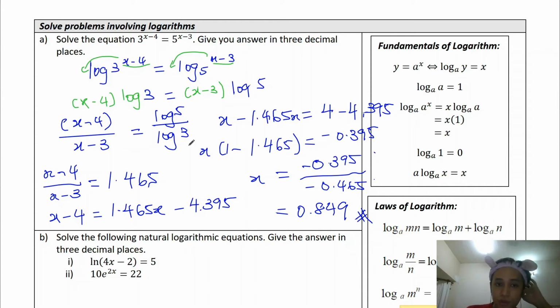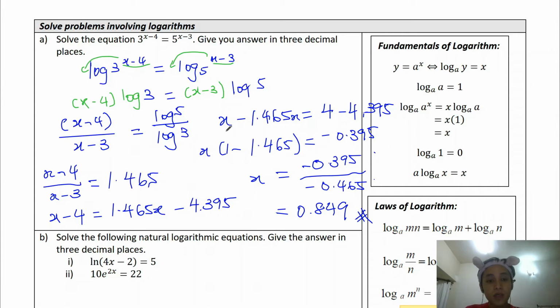Okay, but there is a catch here. If you do it like this, make sure that when you divide the logs, do not change this into 2 decimal places or into a whole number. Make sure that you leave it at more than 3 decimal places. If not, your final answer might be slightly different compared to if you use the earlier method.